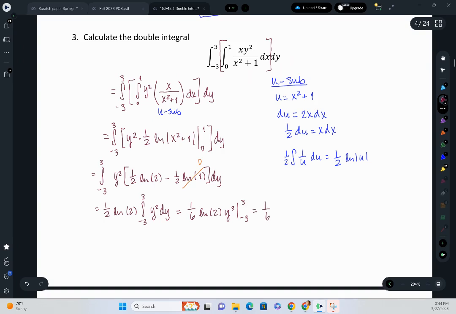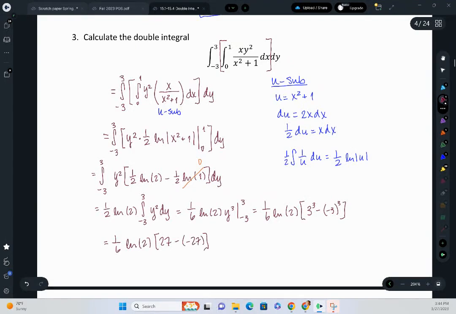That gives me 1/6 ln of 2 times 3 cubed minus a -3 cubed. 3 cubed is 27, and -3 cubed is -27. So this gives me 1/6 ln of 2 times 27 minus a -27.